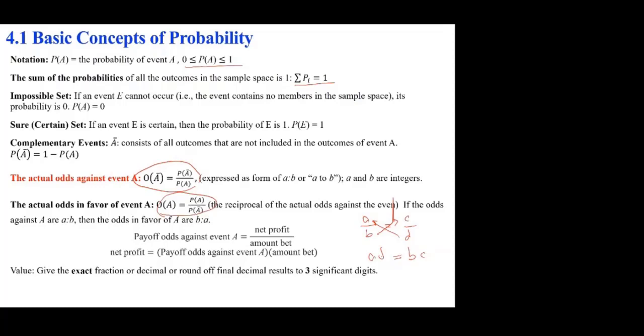So net profit times the denominator for the left side, which is 1. So simply, net profit is the payoff odds against an event A times the amount of bet. Normally, we want to come up with the exact fraction or decimal. Exact fraction is always better. Again, you just follow the instructions. When we are rounding, we go with 3 significant digits.